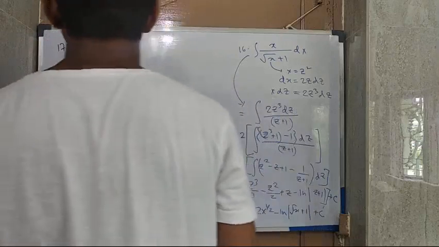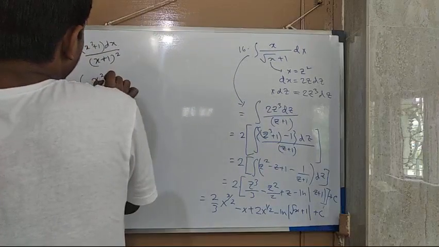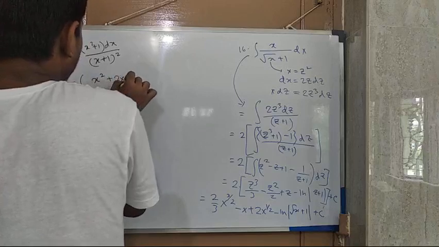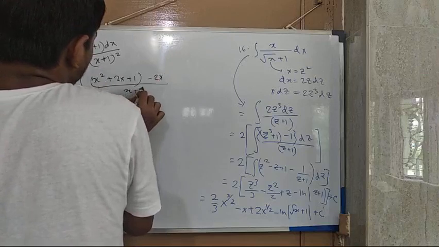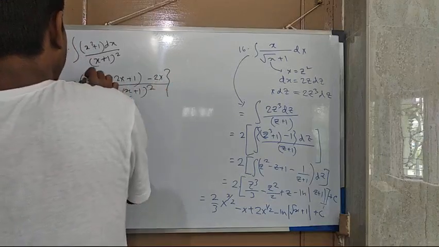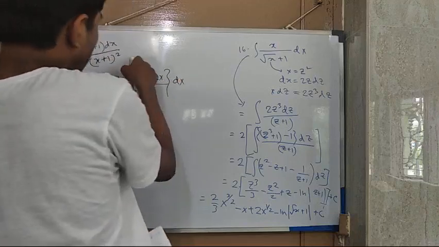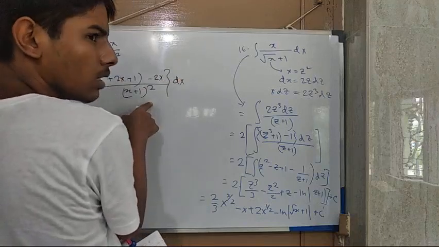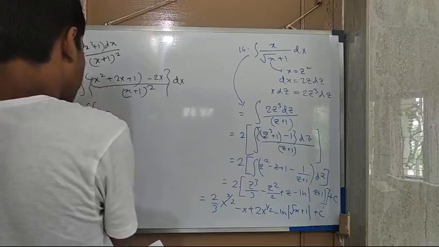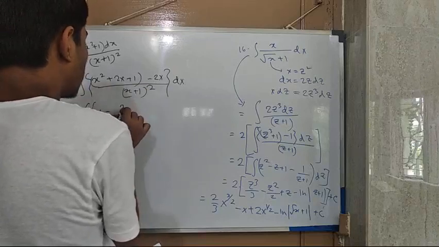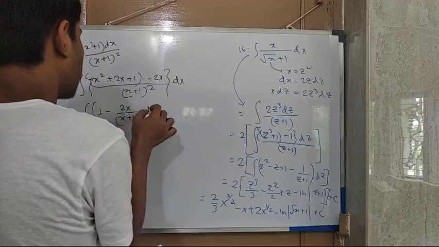We can just write it as x squared plus 2x plus 1 minus 2x by x plus 1 whole squared dx. So this is x plus 1 whole squared by x plus 1 whole squared, this is going to cancel out, and it will become 1 minus 2x by x plus 1 squared dx.